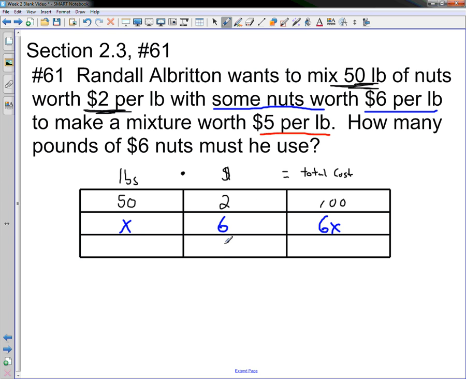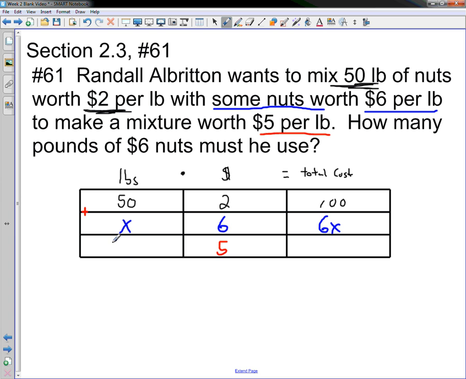Okay. So we're going to take these two and add them together, and that should give us the total number of pounds. So we're creating a mixture here. We're taking the $2 and the $6, mixing them together to give us the $5 pounds.